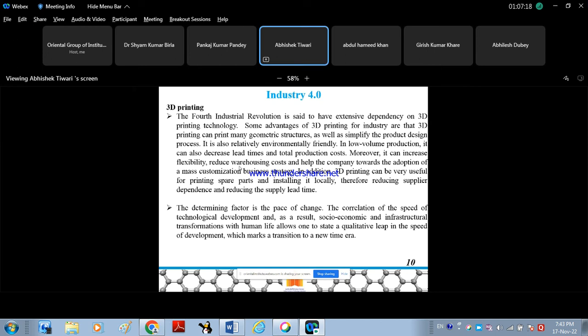Though it is expensive, it is very useful in the medical industry, because let's say we want to make a small medical implant. In the medical industry, the cost does not matter, because it's about life and death. So it's a very important technology in the medical industry, because the cost does not matter there.